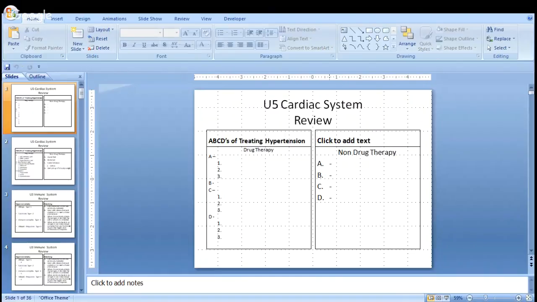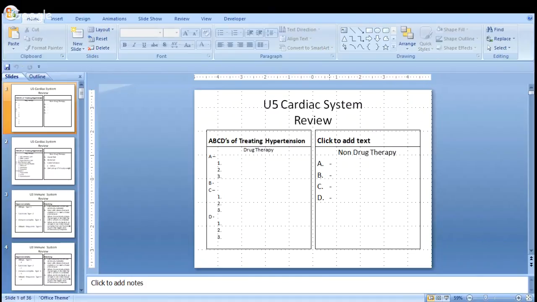Yeah, verapamil is one of them, and the last one starts with D. It's diltiazem. That one I have to file away in my brain, which is why we're going over this.